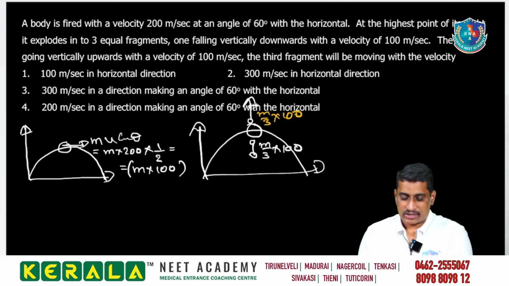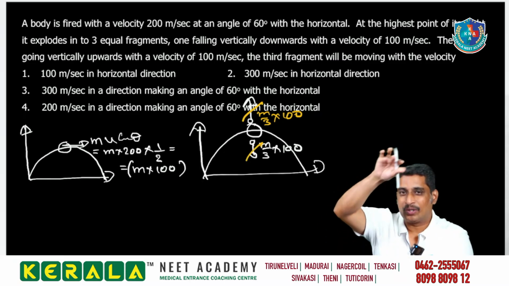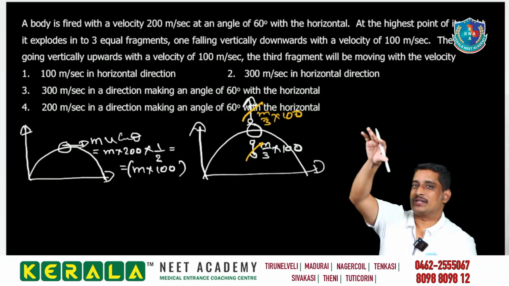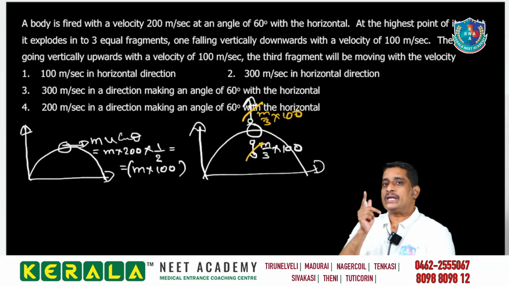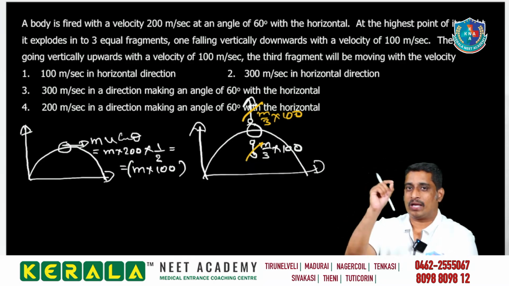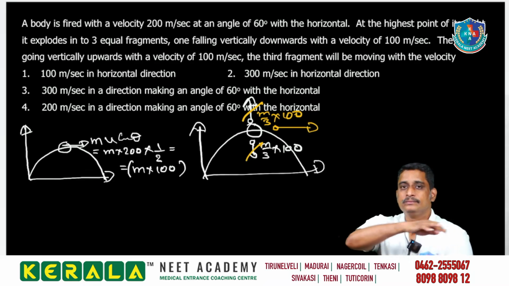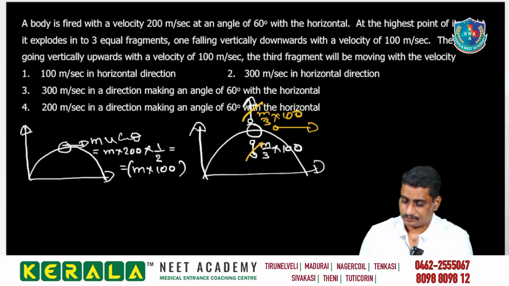If you look at this diagram, the net momentum of the system in the vertical direction is becoming 0. Total momentum is becoming 0. No doubt, according to the law of conservation of momentum, immediately after explosion, that system should gather momentum only along the horizontal direction. So, no doubt, the third fragment should move in a horizontal direction.